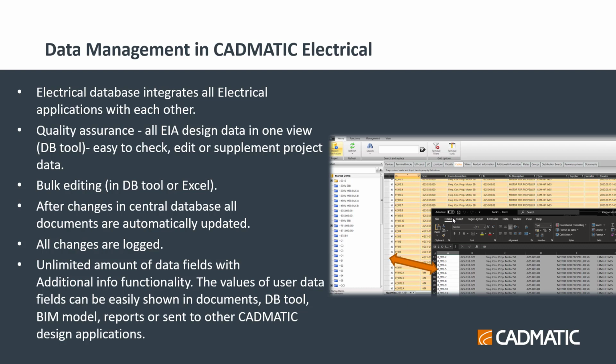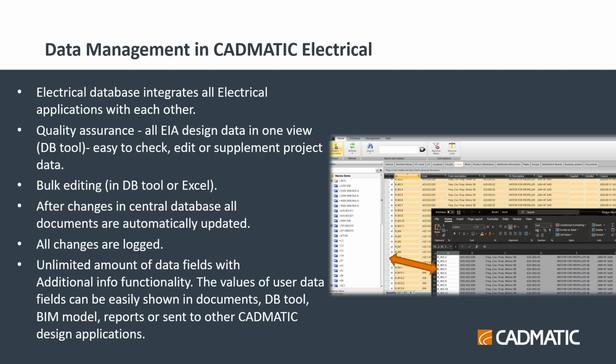You can make the changes also in Excel. And after you make the changes in Excel or in the database, all the documents are automatically updated. And of course, all the changes are logged. So the person who made the change, his initials, and the timestamps are logged in the database.